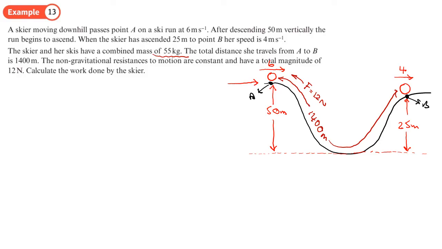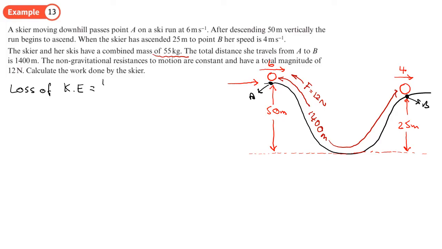So before we dive in, let's think about what's going on. The skier starts at 6, they finish at 4. They've lost kinetic energy. So I'm just going to write that down. There's been a loss of kinetic energy. And actually, let's work out what that is.